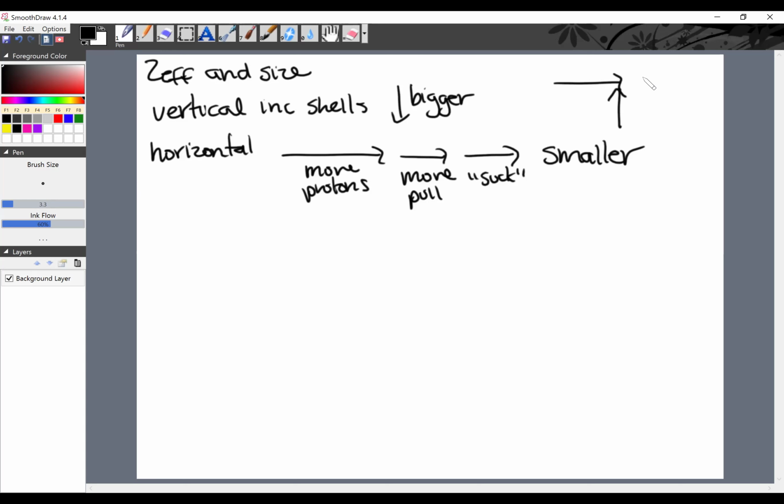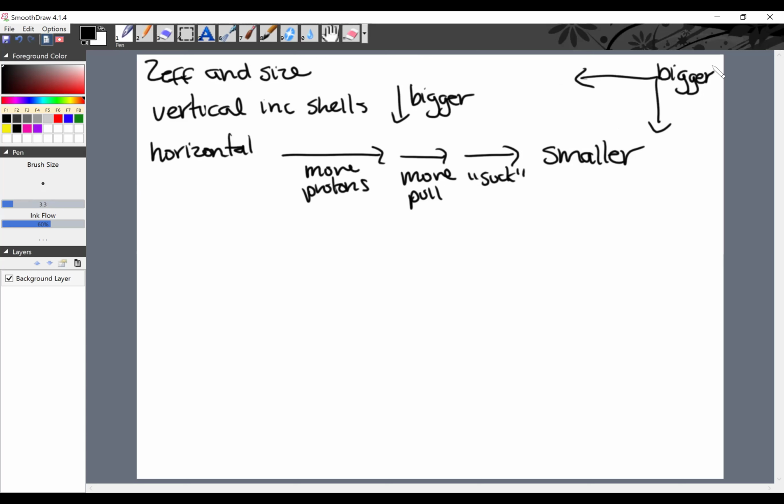So we can also say size increases... Let me see, that's not a good visual representation. Say that differently. You get bigger. Yeah, this will keep them together. You get bigger as you go down and you go over to the left.